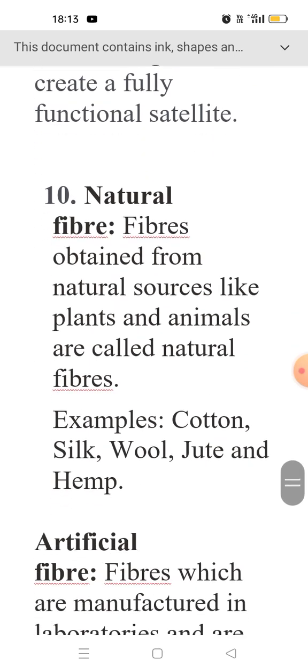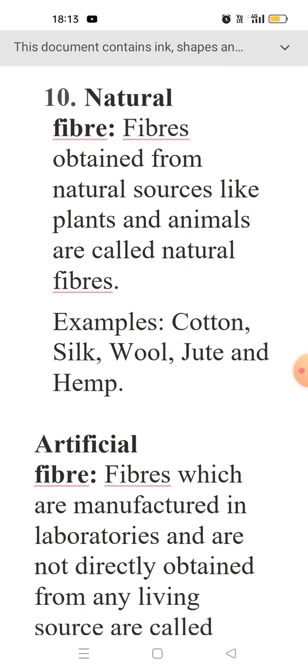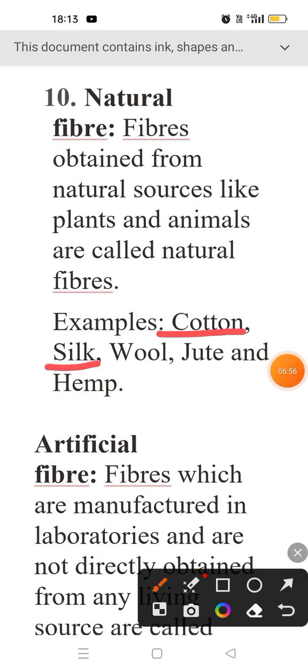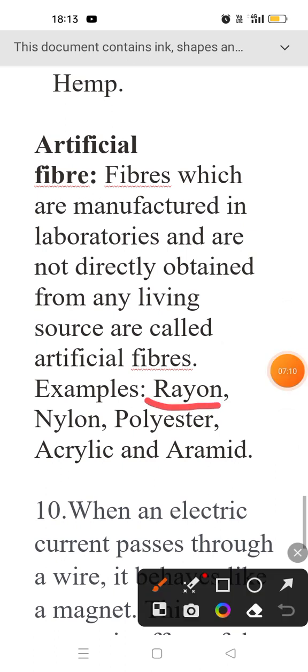Next, there is a question asking for examples of natural fibers and artificial fibers. Natural fibers are the fibers which we get from plants and animals, and examples of natural fibers are cotton, silk, wool, jute and hemp. And what are artificial fibers? These are produced or manufactured in factories, and examples are rayon, nylon, polyester, acrylic and aramid.